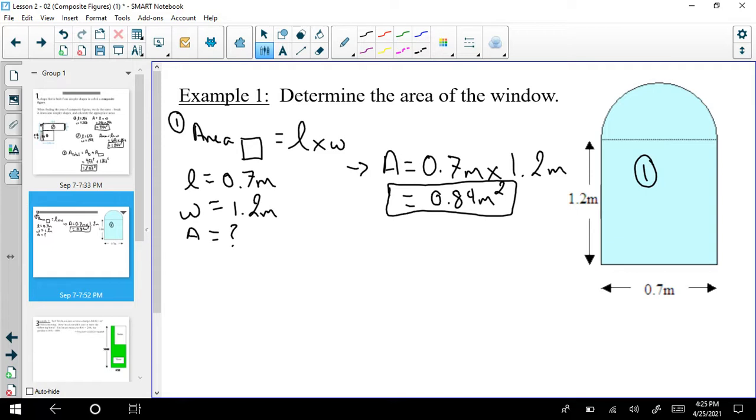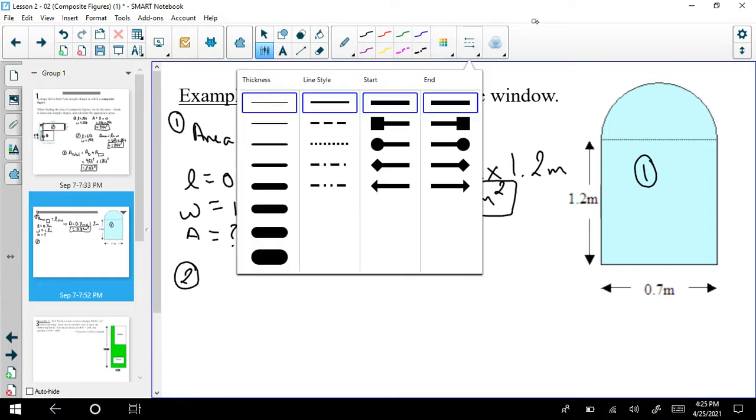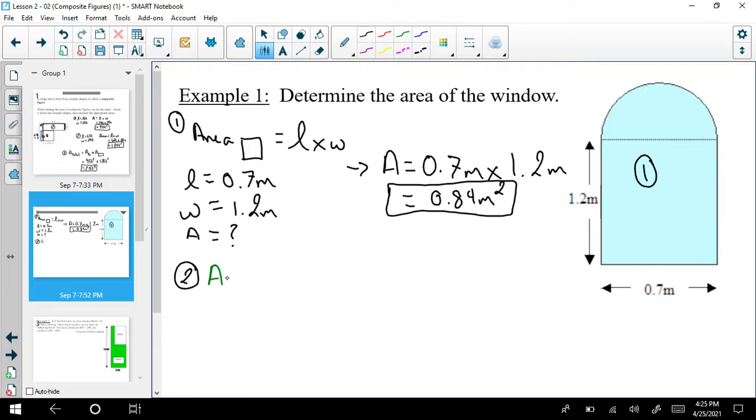Awesome. So now I need to find the area of my circle or semicircle. So I would go number 2. I'm just going to do it in a different color so it's easier to see. I like green. So the area of my circle or semicircle. We'll just do the area of a circle for now because we do want half of it.